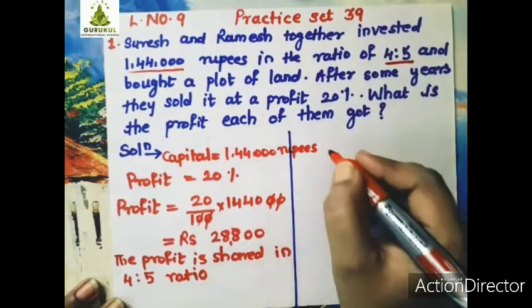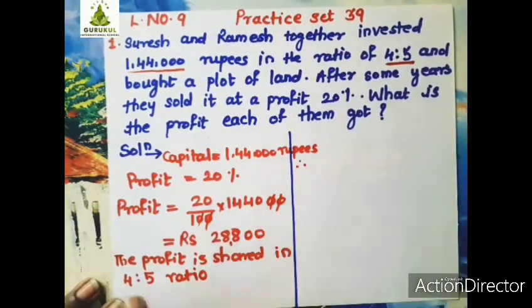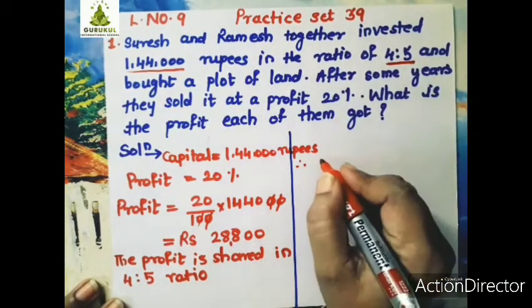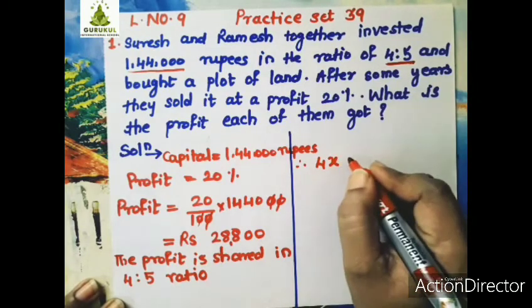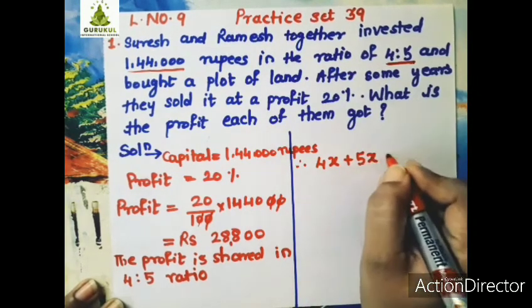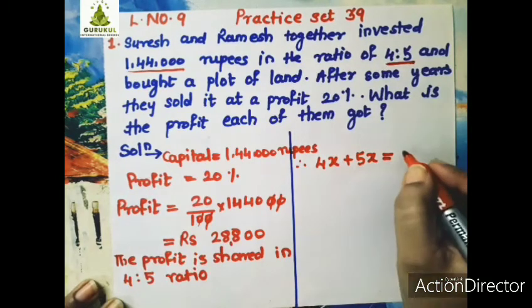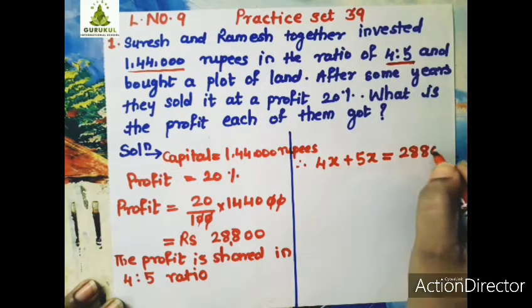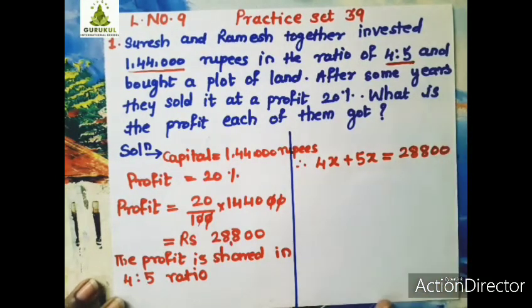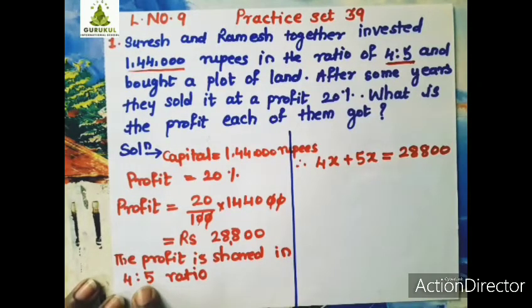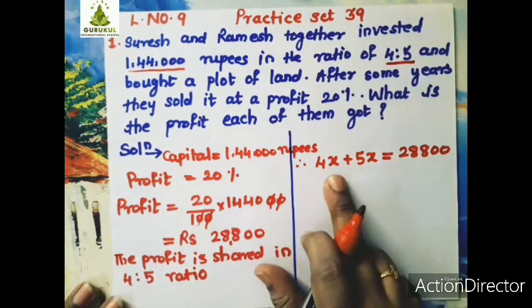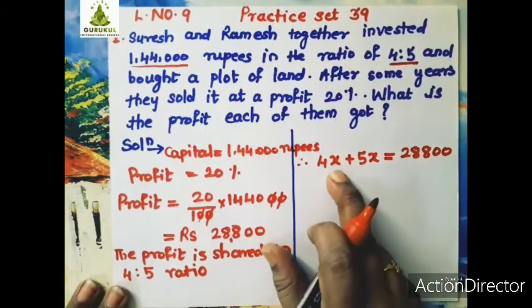We'll write here, therefore 4:5, 4 into x will be actual amount, 4x plus 5x is equal to profit, that is 28,800. Okay, what we have done, this ratio we have converted to amount, that is multiplied by some number.